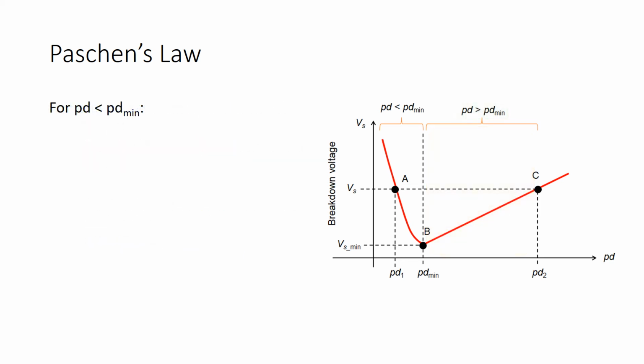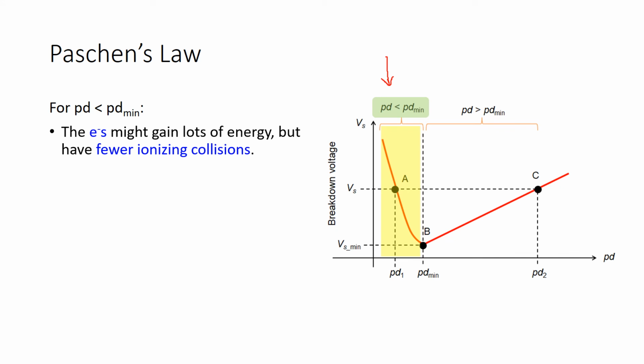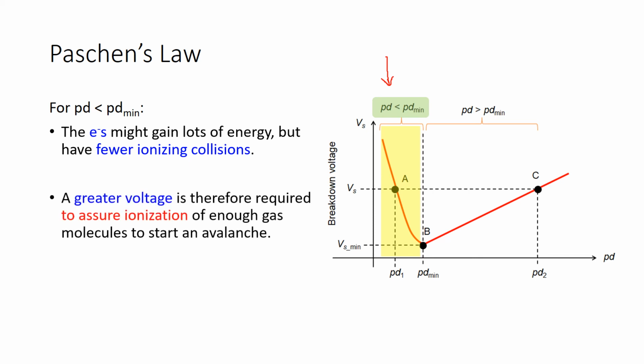For rho d less than rho d minimum, so now we are talking about this region, the electrons might gain a lot of energy, but they have fewer ionizing collisions. So a greater voltage is required to ensure ionization of enough gas molecules to start an avalanche.